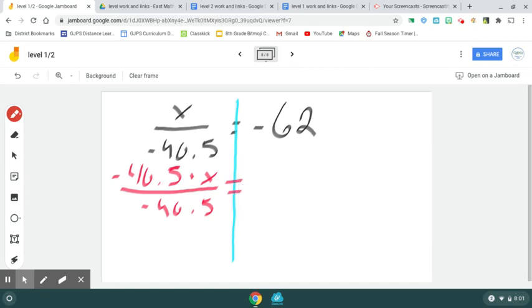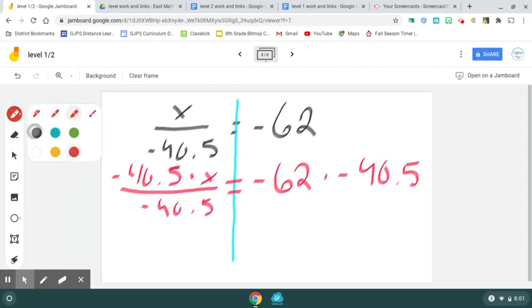And if I do that on the left-hand side, I have to do it on the right-hand side. So negative 62 times negative 40.5. Awesome. So then we just have to solve things out from here. So negative 40.5, and then you see the fraction bar, that indicates division, divided by negative 40.5.